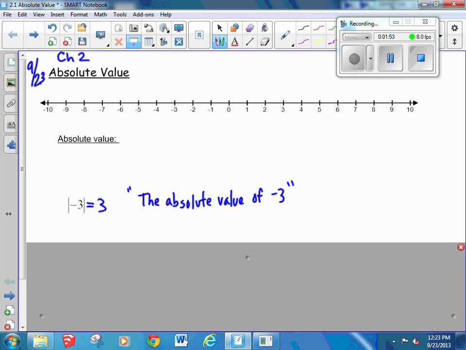What does it mean? Logan? Oh, I was going to answer that question. Okay. Daryl? The distance from 0? Yeah, the absolute value is defined as a number's distance from 0.